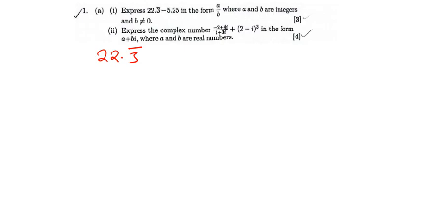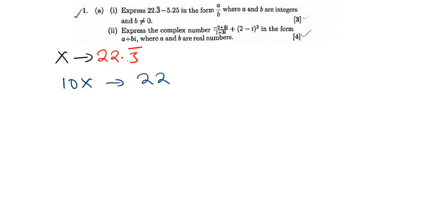Okay, so I'll use this trick. Let x be equal to that, right? What happens if we multiply both sides by 10? We only have one recurring number, so we can just multiply by 10, so that we have 10x equivalent to 223.3.